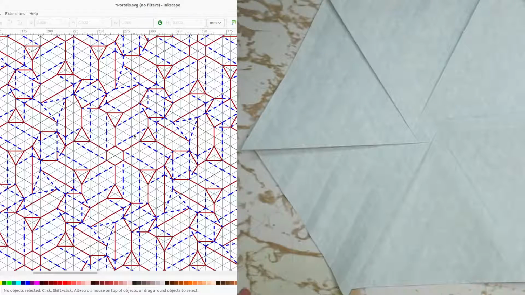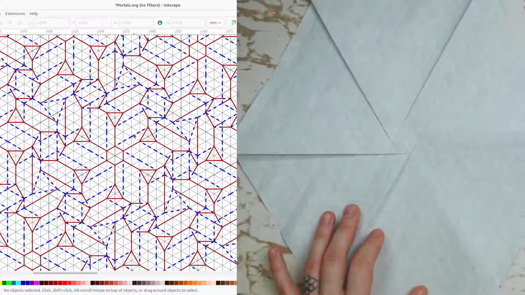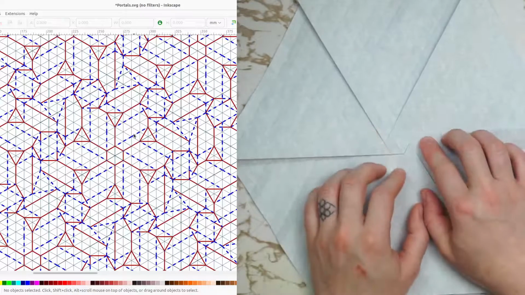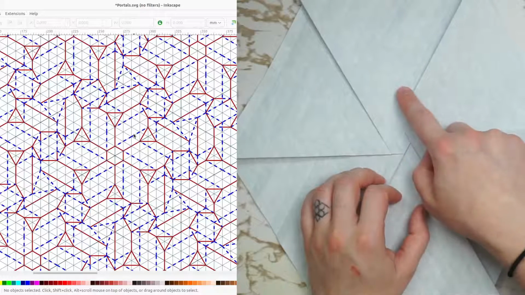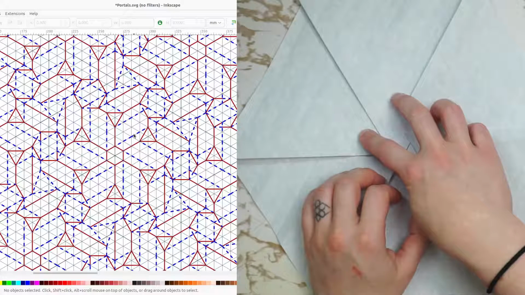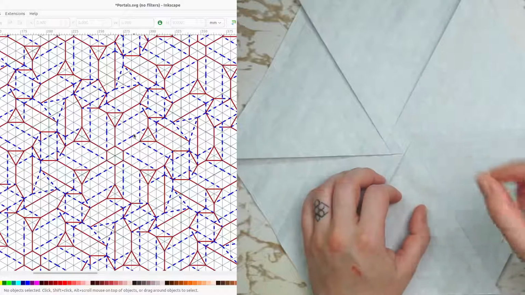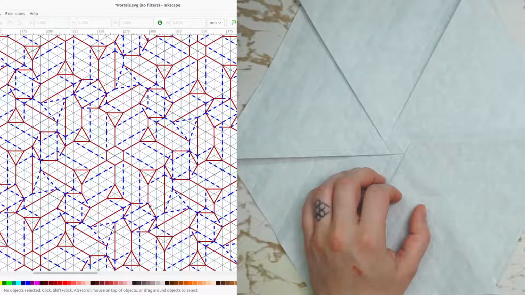Next up, and this is something that I'll really just do on the first round around the center, I'm going to do just those next triangles first, and then go to these twists that are on the opposite side of the paper.